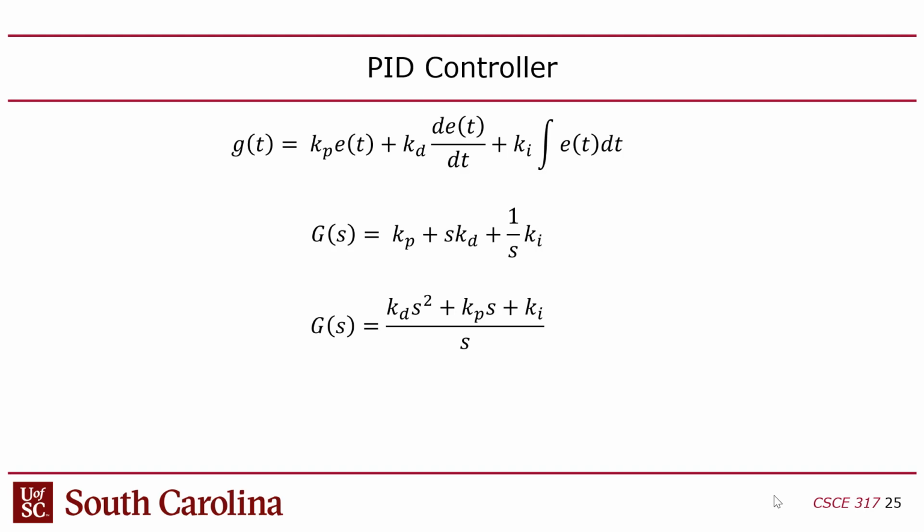And so you have a denominator here of s. The problem is that, as you might imagine, this transfer function is also unstable because there's a pole at 0, s equals 0. So this is unstable.